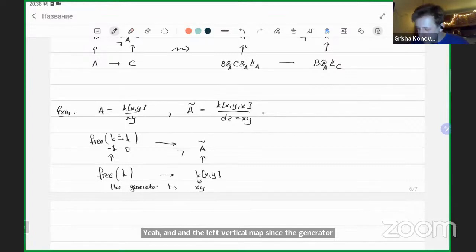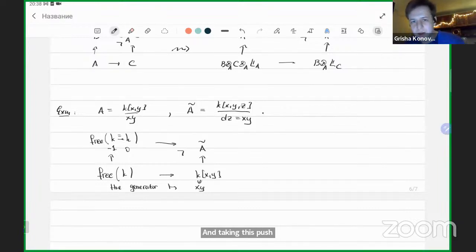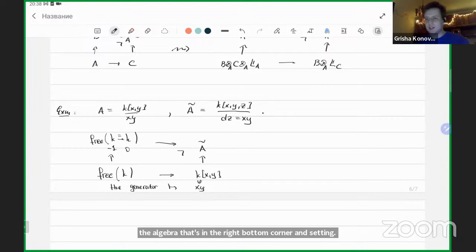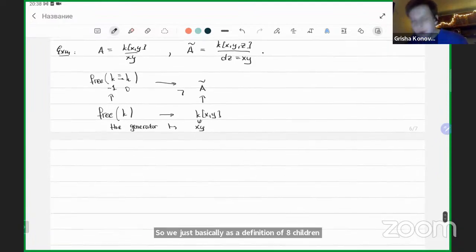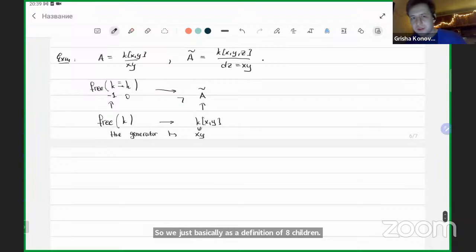And taking this push-out is basically adding a third variable to the algebra that's in the right bottom corner and setting its differential to be equal to x times y. Which is basically the definition of A tilde. And now this diagram allows us to compute the cotangent complex of A tilde.